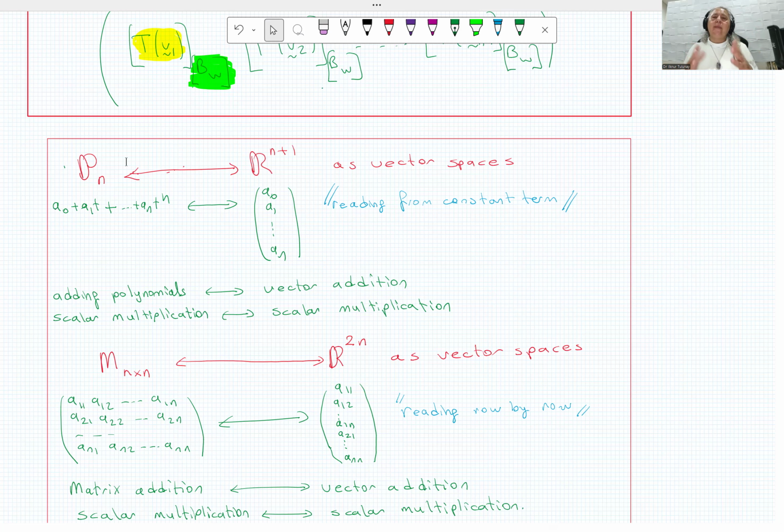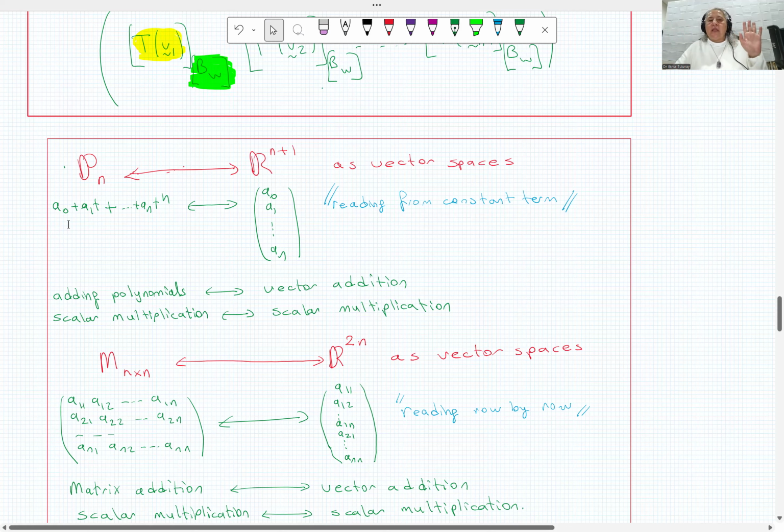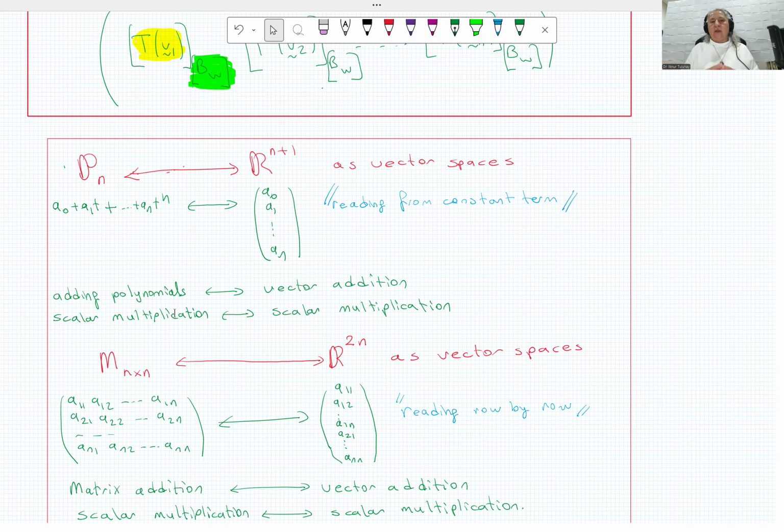We are not talking about multiplication, we don't care about that part of the polynomials. We assume that we can add polynomials and multiply them by scalars, so it's a vector space structure, which is isomorphic to R^(n+1).